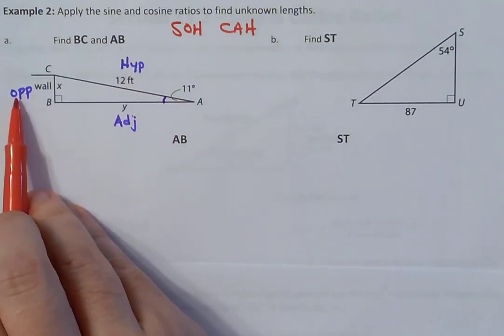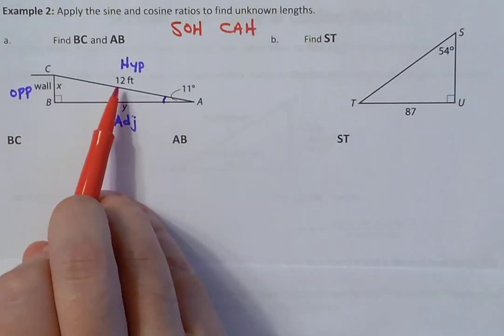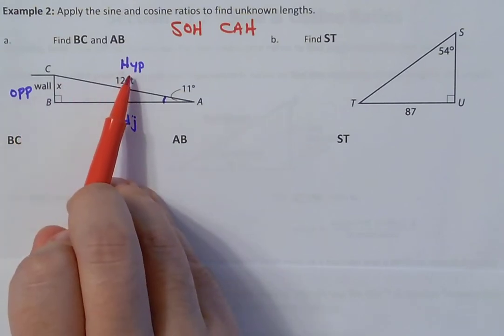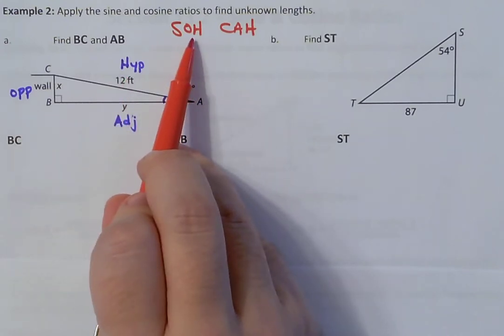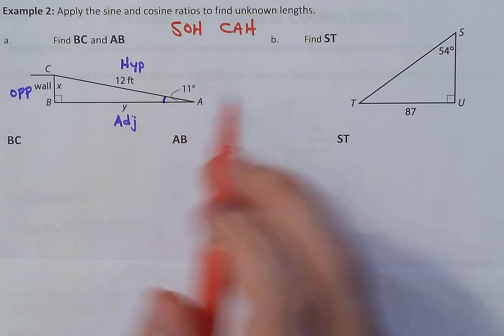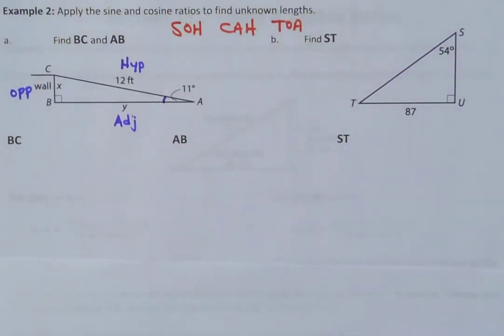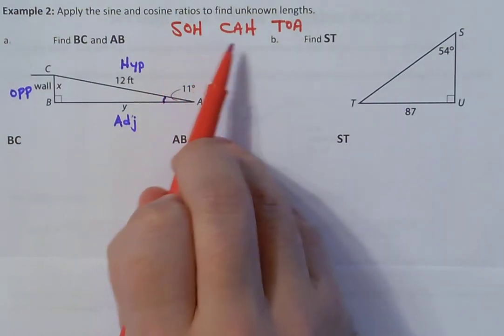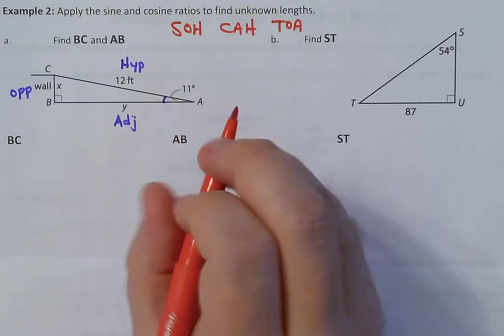Well, BC is O, and then we know the length of the hypotenuse is 12. So I need to figure out my opposite side, and they tell me what my hypotenuse is. So I have O and H. Well, O and H is going to indicate sine. And I can put SOH CAH TOA on here as well, just as a reference. So O and H only is in the SOH, because this is A and H and then O and A. So O and H indicates sine.